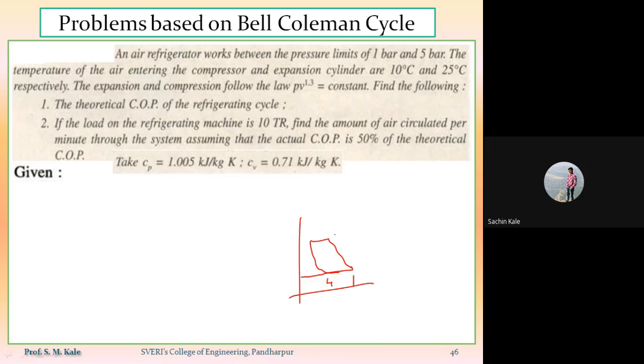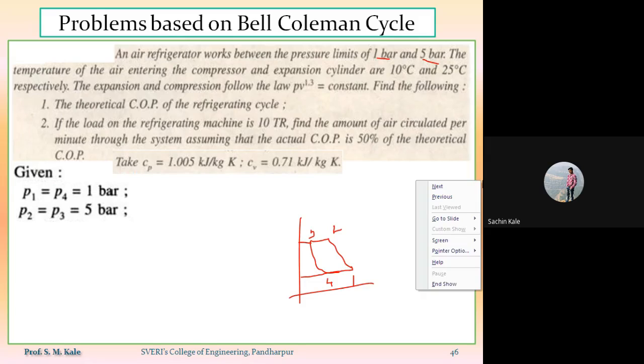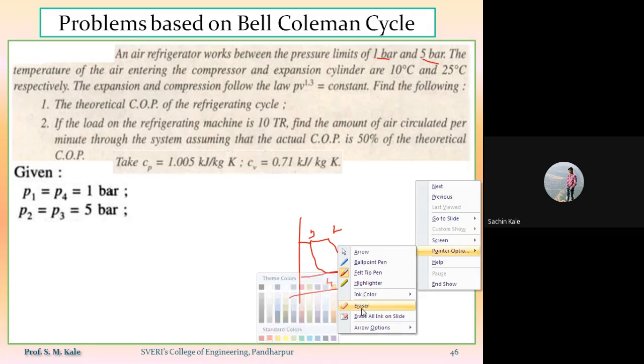So P2 is equal to P3 and P1 is equal to P4, where the lower pressure is P1 equal to P4. Here 1 bar is lower compared to 5 bar, so 1 bar corresponds to P1 equal to P4, and the other value, 5 bar, corresponds to P2 equal to P3.